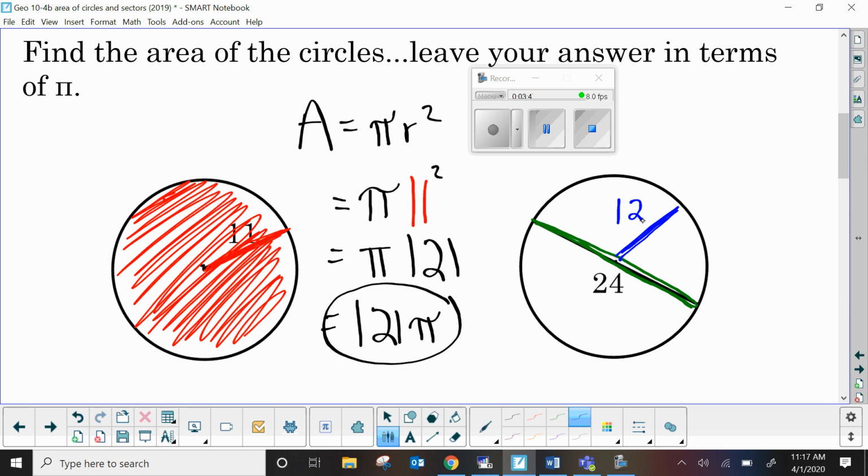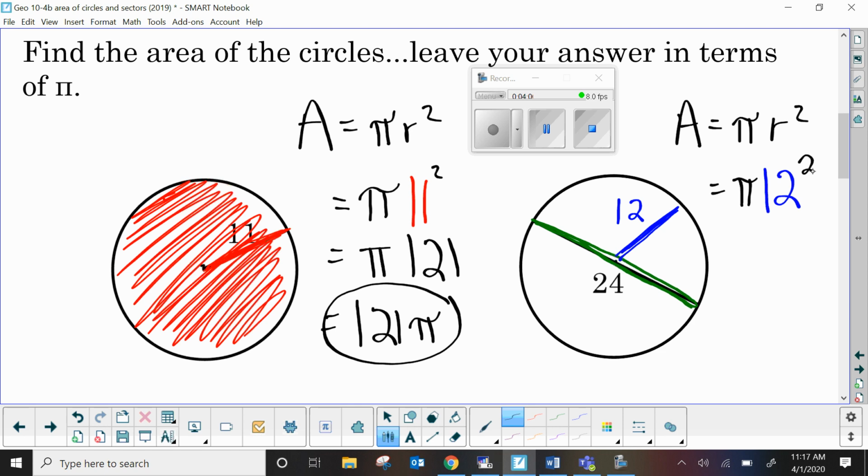Now I have enough information to fill in my formula. I will write out the formula first. I have pi, and I just found my radius to be 12, so I do 12 squared.